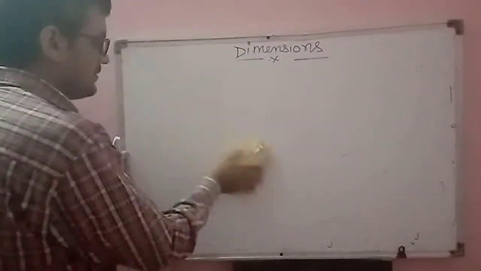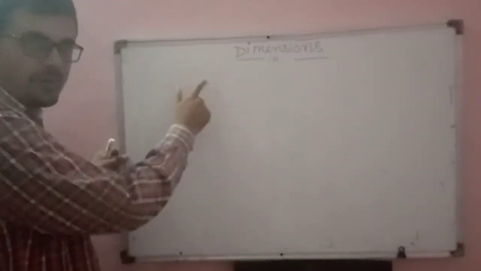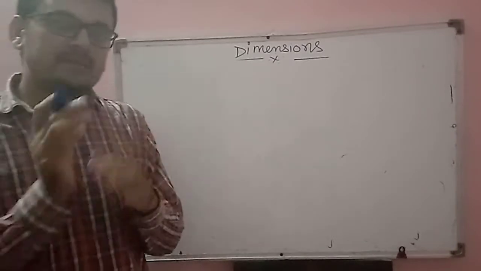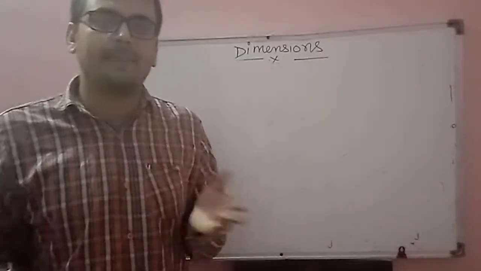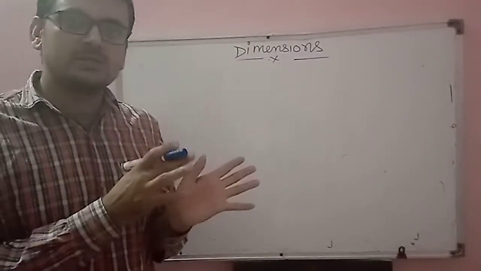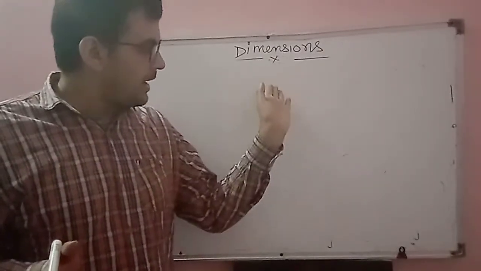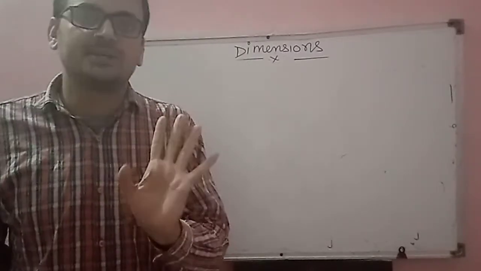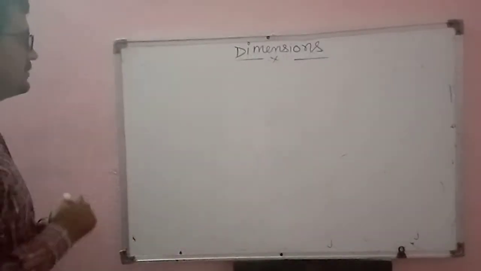In NCERT, the principle of homogeneity is given separately and the application of dimension is given separately. In many reference books, the application of dimension comes under the principle of homogeneity. So don't be confused, both are the same. That's why I am explaining.